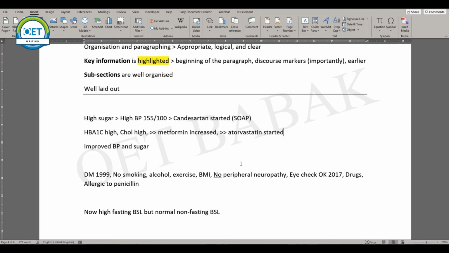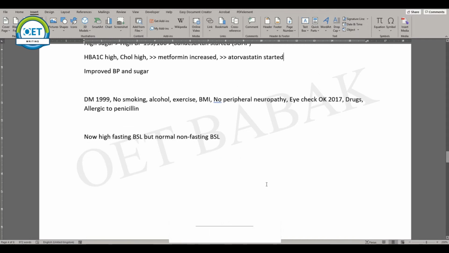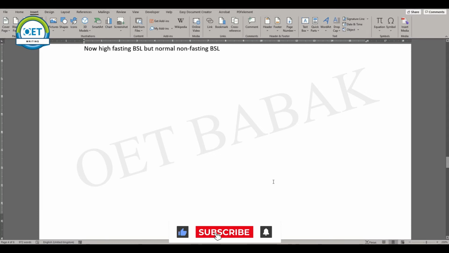So our subsections also need to be logical. If you're talking about treatment, it needs to be A, B, C, D: the airway, breathing, the patient was put on oxygen, then IV access, then what medications were injected. And after that, if you have done any tests.